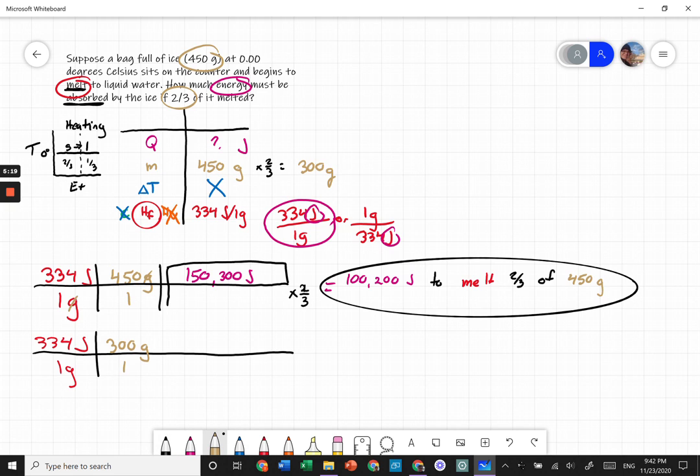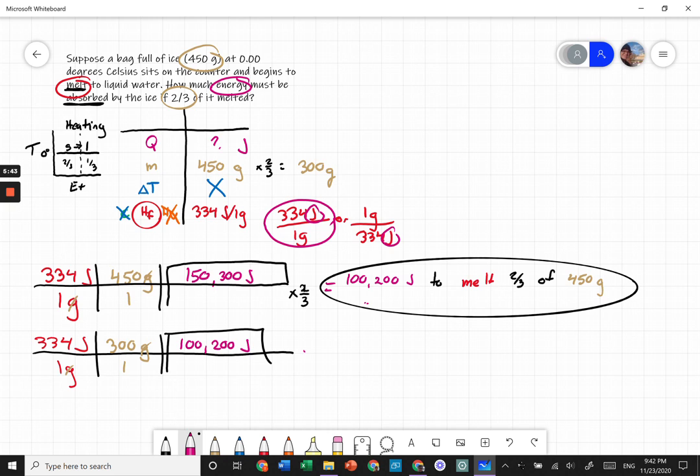And we only have one of that still. Units still cancel out, and when we multiply through, we end up with 100,200 joules. That's the same number we ended up with over here, but instead of multiplying by 2/3 at the end, we multiply by 2/3 early. Either one of these is acceptable.